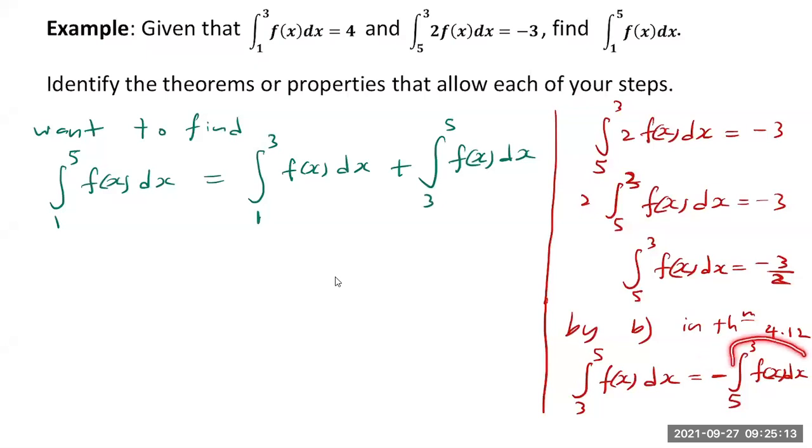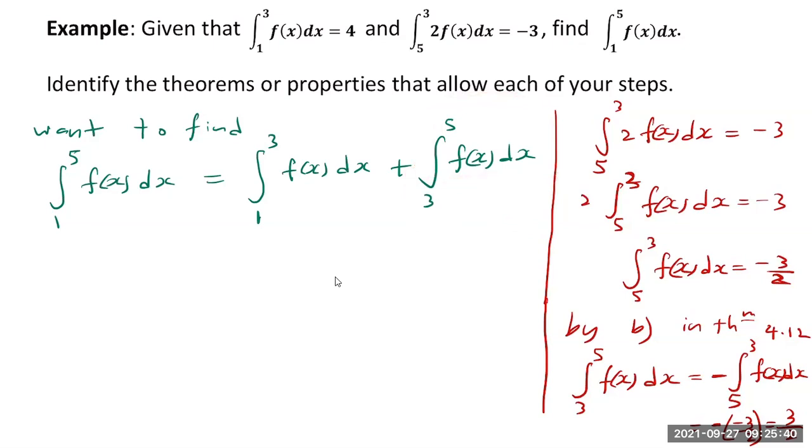The definite integral of f of x from 5 to 3 is -3 over 2. I can plug in -3 over 2 here to get what I need. So you get minus times -3 over 2, which is +3 over 2. Okay, so we have this value, the definite integral of f of x from 3 to 5, which is 3 over 2.